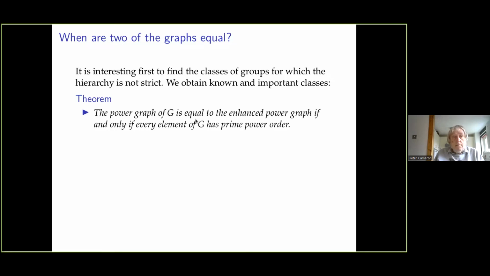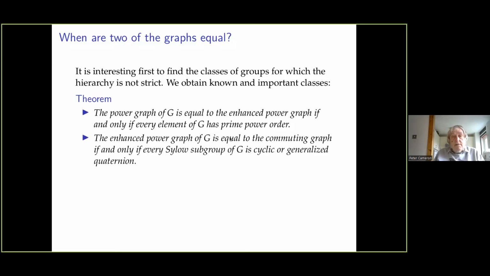the null graph. The enhanced power graph is equal to the commuting graph if and only if every Sylow subgroup of G is cyclic or generalized quaternion. And the reason for that is that what this would say is that whenever two elements commute, they generate a cyclic group.